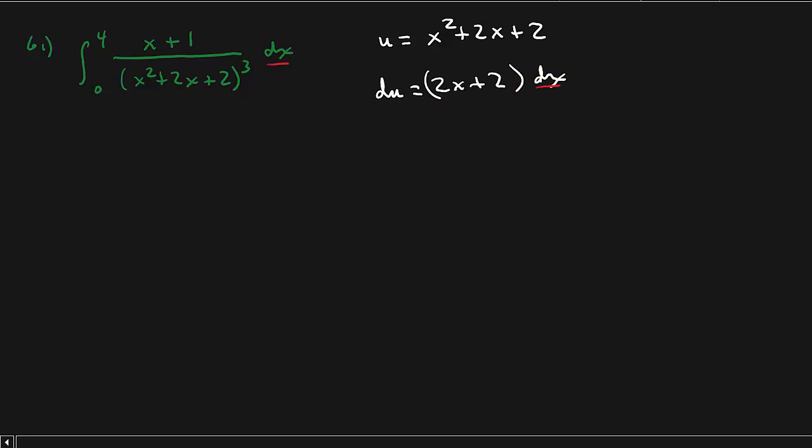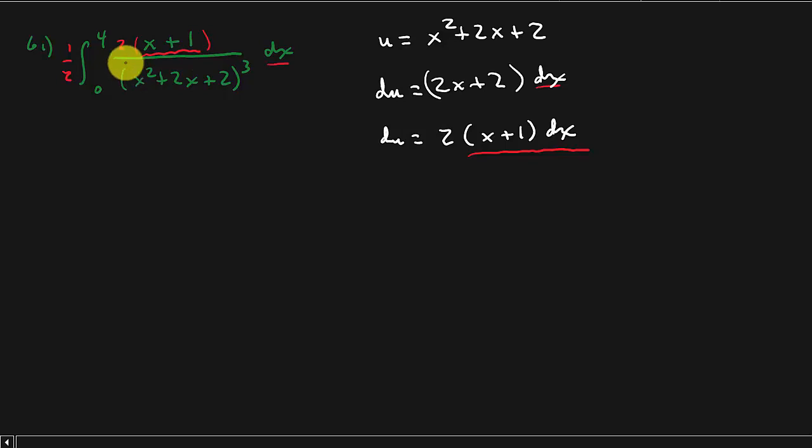But let's look at this. What if I factor a 2 out? You see that? Factor a 2 out of here. Well, look at that. Now the x plus 1 dx, that matches. I'm just missing the 2. So I'm going to multiply by 2, which means I come out here and multiply by 1/2.